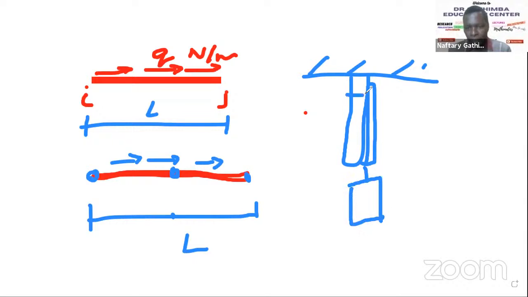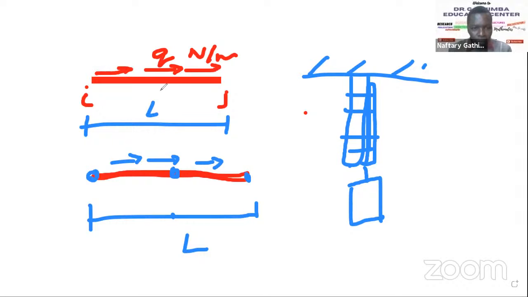You can assume it's clipped here, here, here, here. It's not just applied at this node, it's uniformly distributed along the length. So in this case, we have to resolve the UDL into nodal forces.